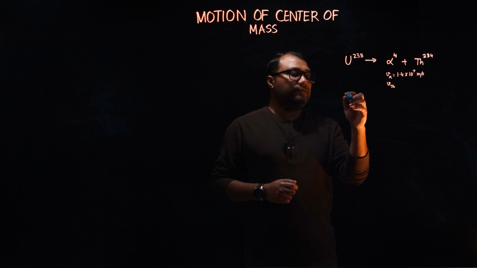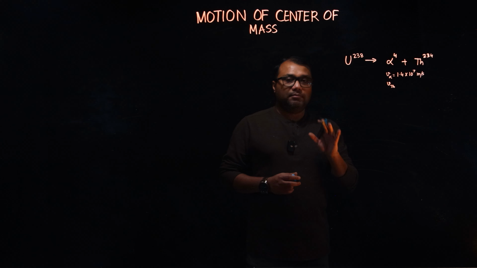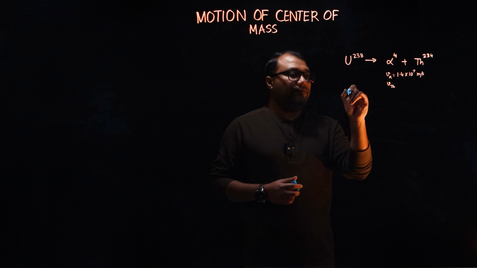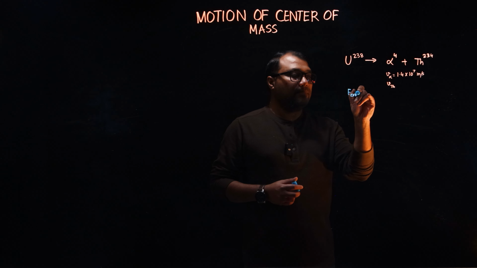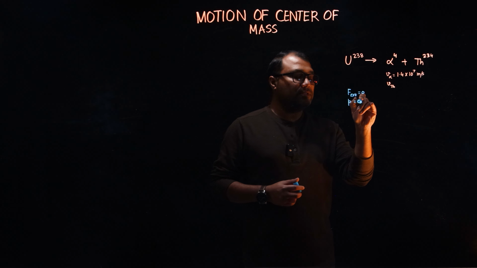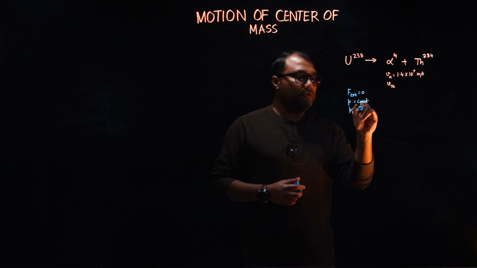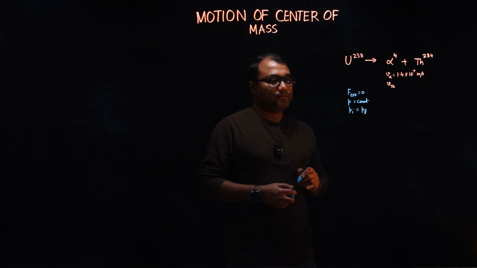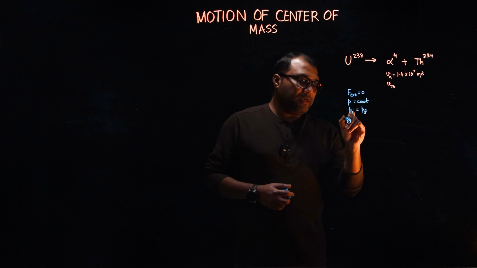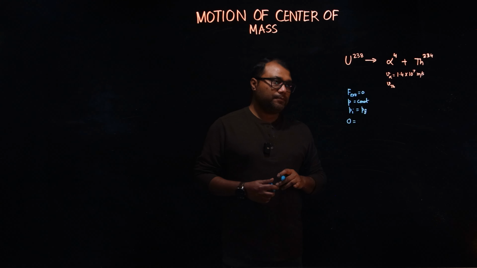See, this problem is simple enough. Initially uranium-238 was at rest. Because there is no external force, F external is 0, so momentum is conserved, P is constant, so P initial is equal to P final. The momentum initially, uranium was at rest.